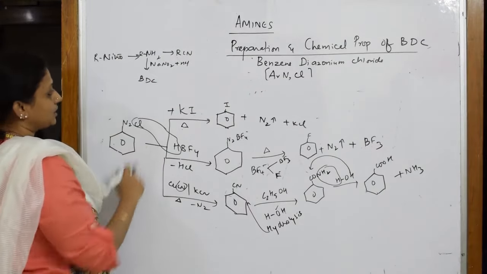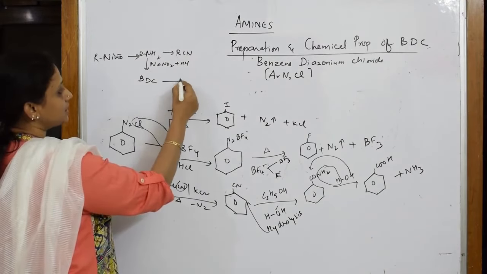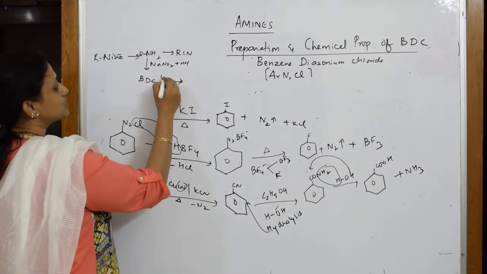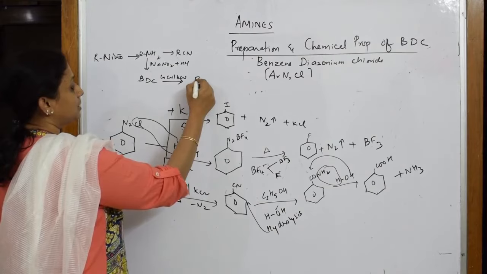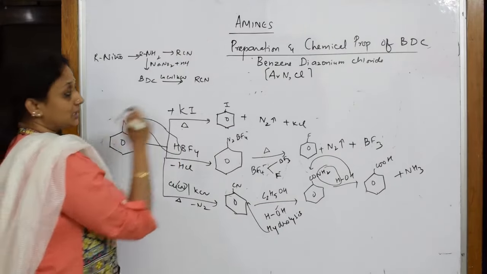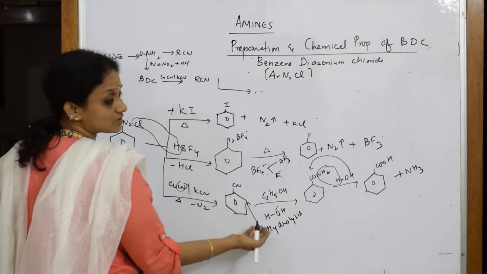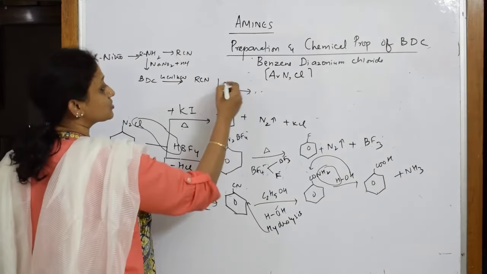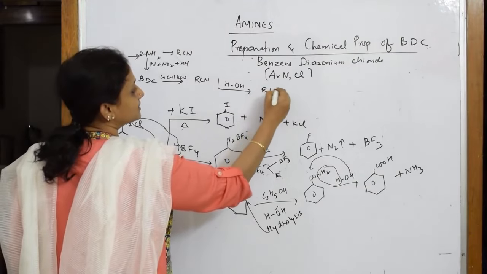Done? Simple. Now this BDC, I said further, if you treat with CuCN and KCN, what do you get? You get RCN. Here also RCN, here also RCN. Now this cyano group, when you are treating with ethanol or hydrolysis also, you will finally get a compound called acid.